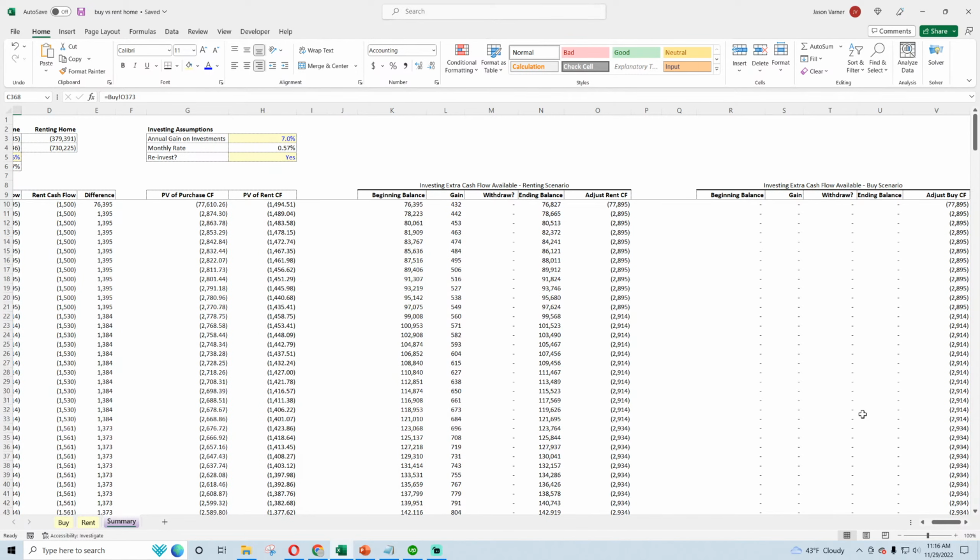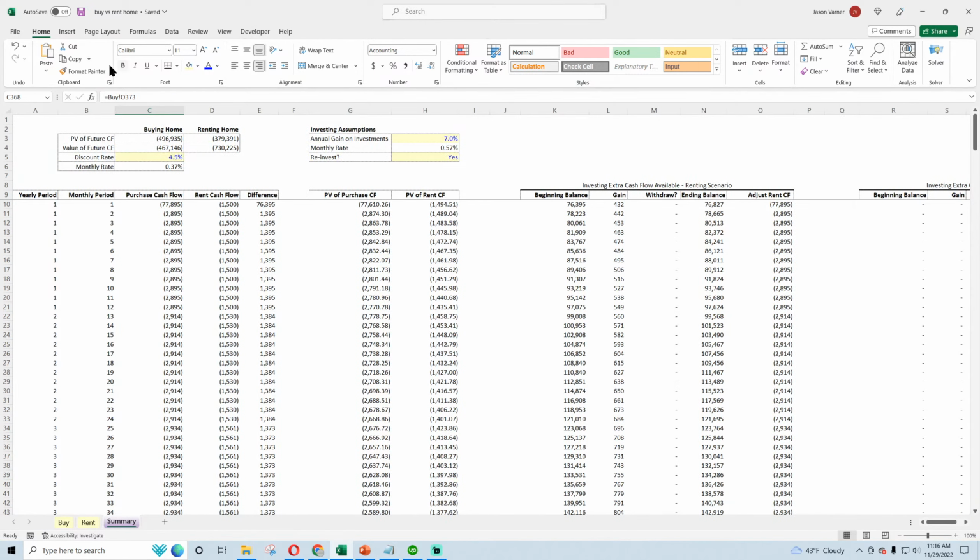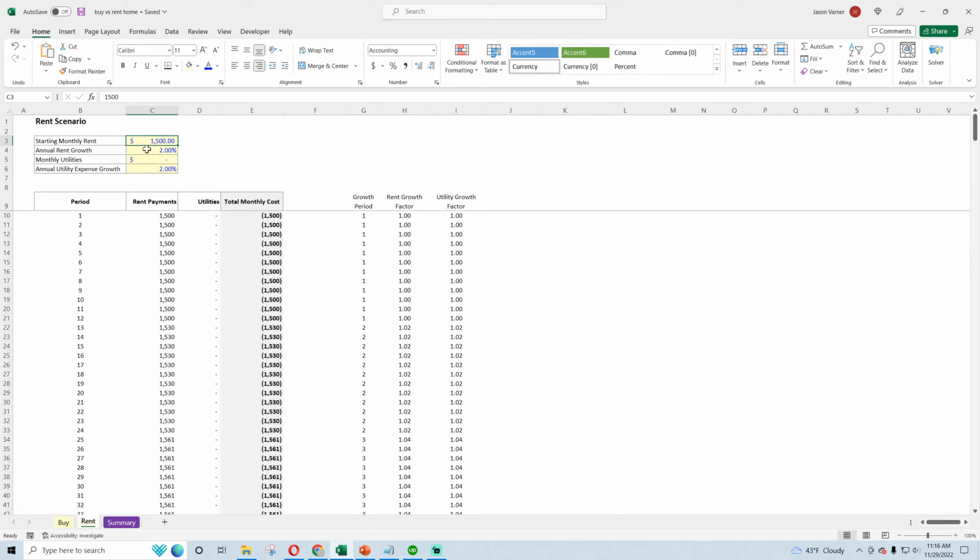Okay, so let's test a couple scenarios, and then we'll maybe do the reinvestment if it's no, and we'll see if it even makes sense to do that. So let's say this is more.